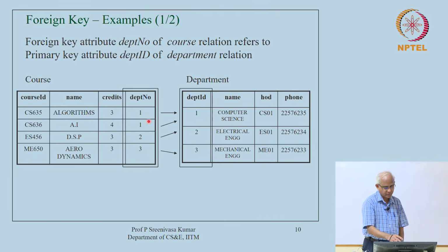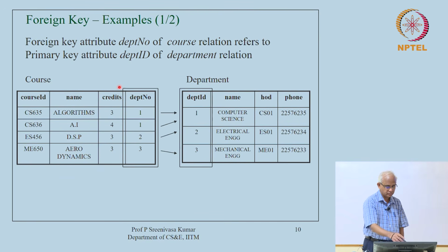So, like that. Basically what we are saying here is that in one relation we have certain attributes whose values we will use in order to refer to tuples in another relation, and obviously the domain of this and the domain of that should be the same. That is what we put in the definition.